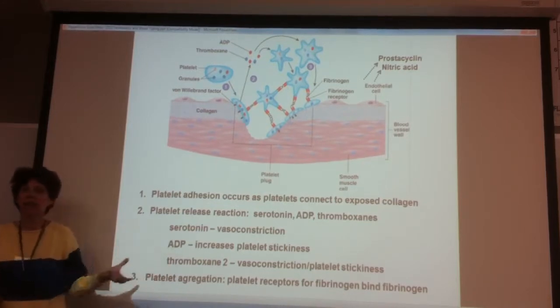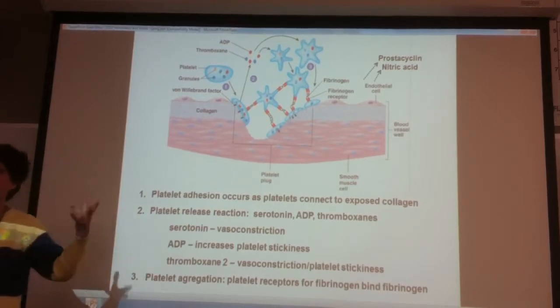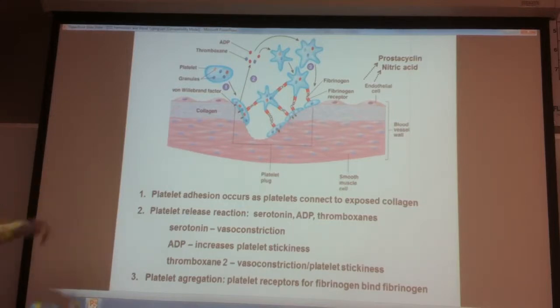But clots can form from platelet activation either by sticking to the collagen, or we'll talk about deep vein thrombosis, platelets settling out because the blood isn't moving cleanly through the veins, or in the heart, we talked about atrial fib.